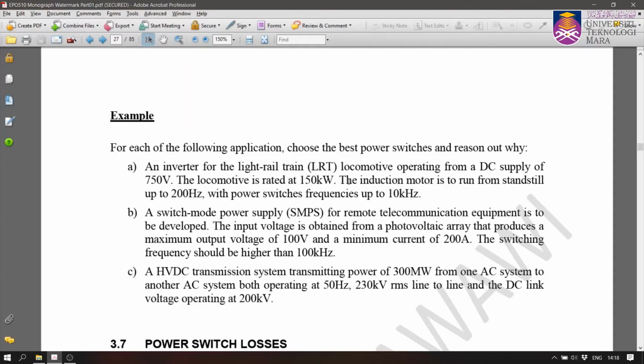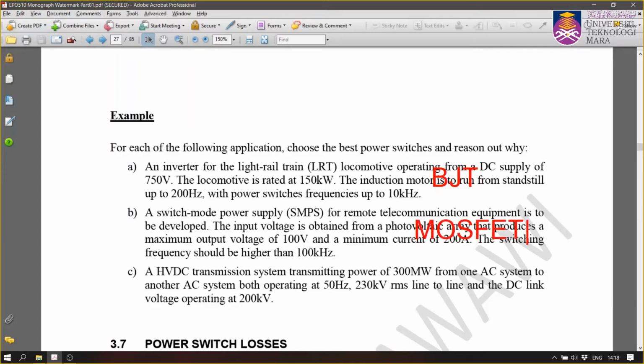A switch mode power supply for a remote relay, the input voltage obtained from a photovoltaic PV produces a maximum voltage of 100 volt, maximum current 200. The switching frequency should be higher than 100 kilohertz. So we use the MOSFET. Okay, so here you can use the BJT, and here you can use a MOSFET.